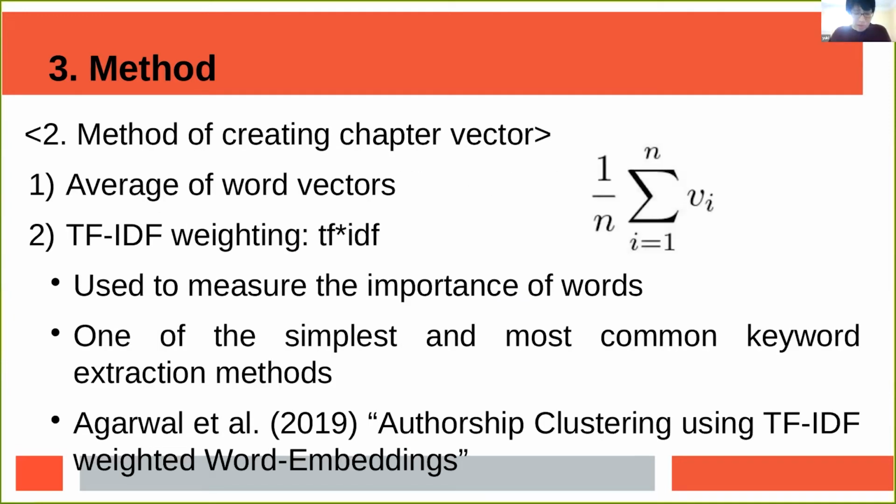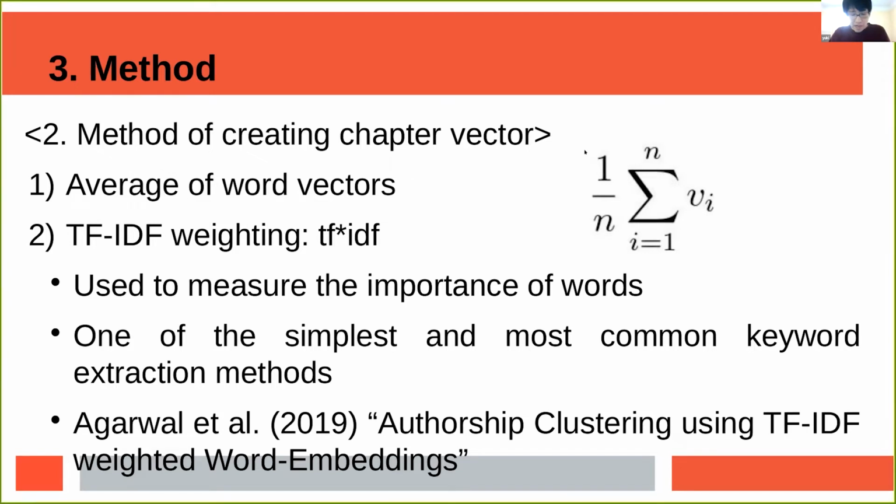Now I'm going to talk about the second aspect of the model creation, that is how I created chapter vectors given these word vectors. I propose 2 ways. Firstly, I created them by simply averaging word vectors in this formula.